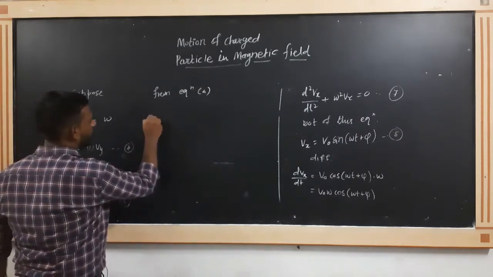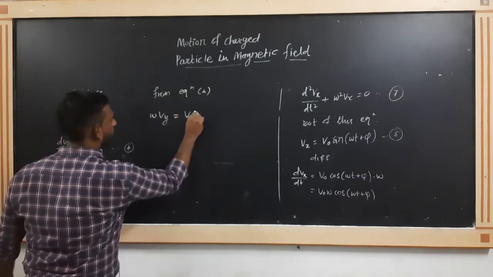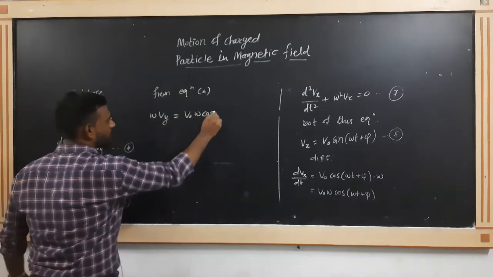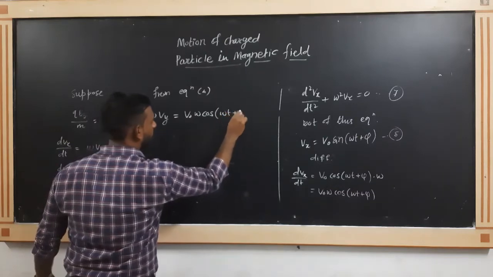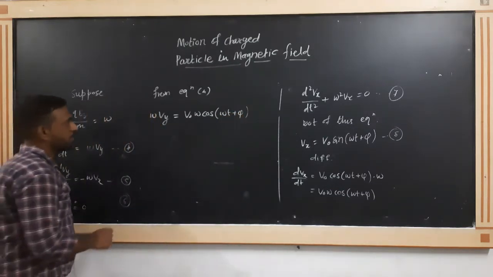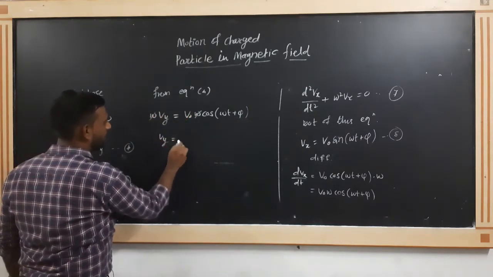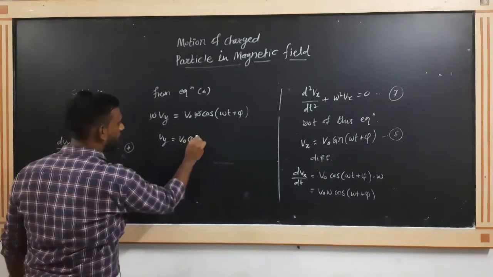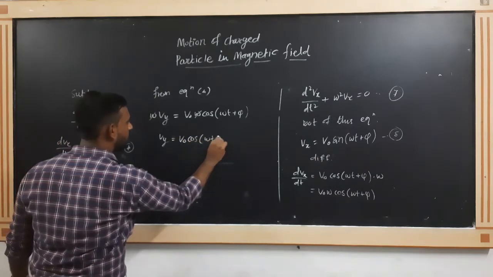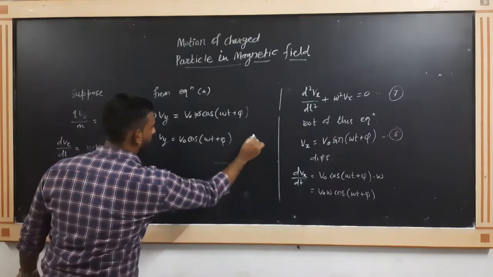So omega vy is equal to v0 omega cos of omega t plus phi. By the way, this phi is a phase angle, so we will discuss this term later. Omega cancels out, so vy is equal to v0 cos of omega t plus phi. This is equation number 9.